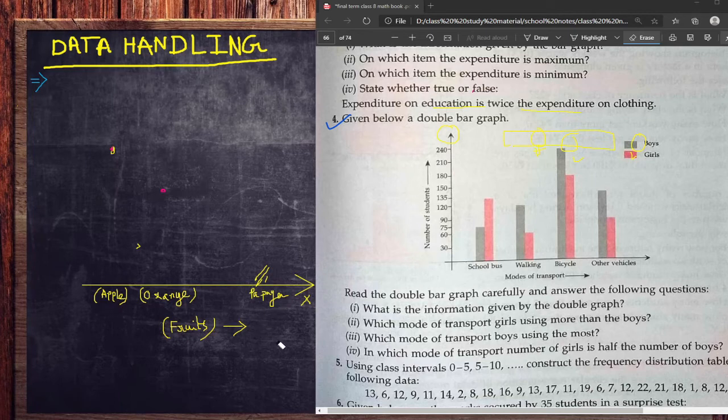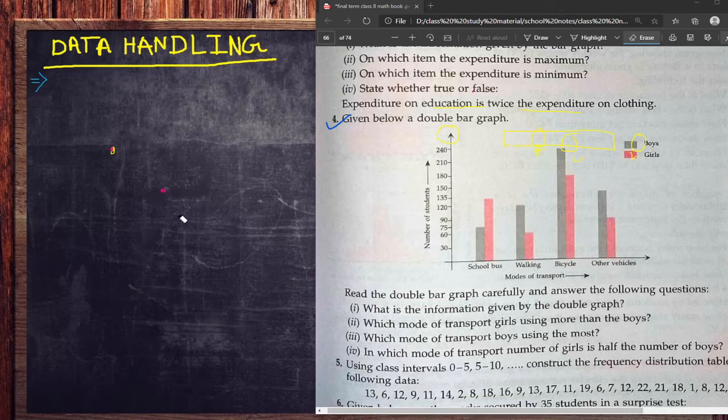And also what is represented along the x-axis? That is the mode of transport. So this is actually the graph for the students who are coming with different transport to the school. Some of them are coming by bus, some of them using their own bicycle, some of them using the school bus, and those who stay a few steps away from the school, they are just walking and coming to the school.